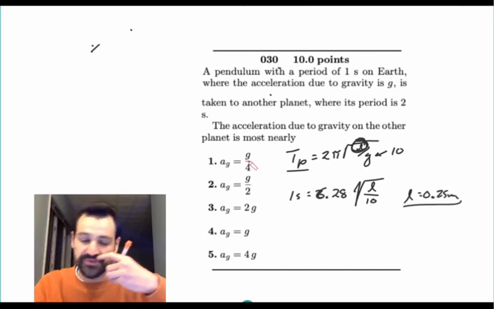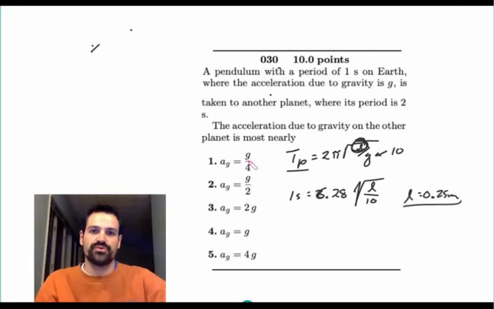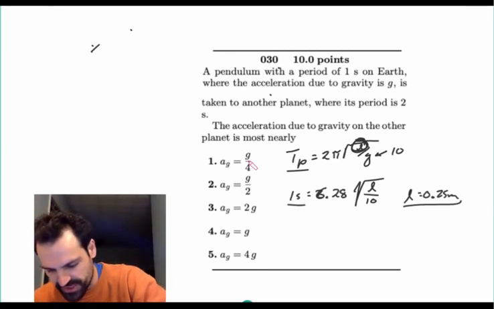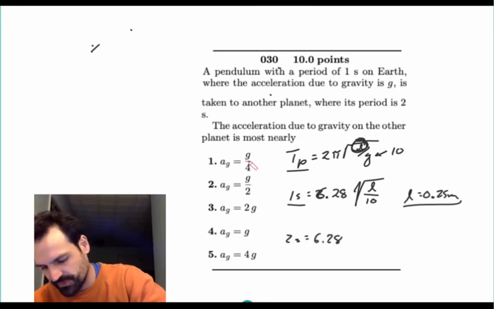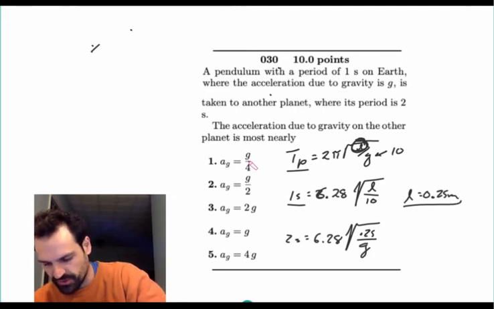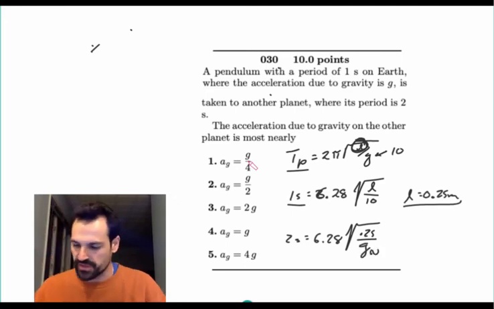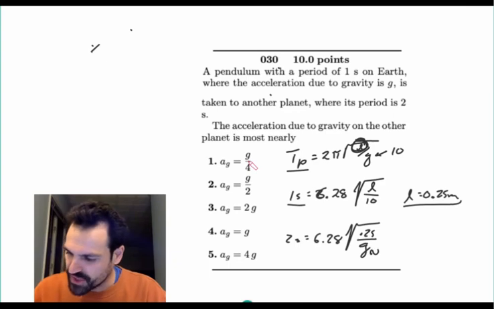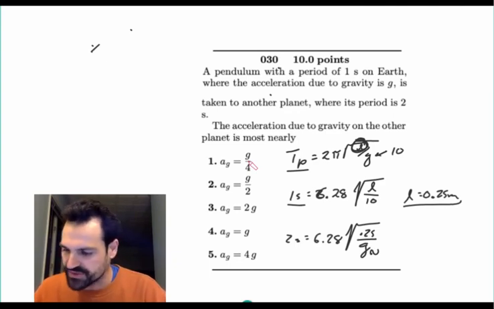So we're going to take that 0.25 meter string to the other planet. And now we know the period is 2 seconds. So 2 seconds equals 6.28 times the square root of 0.25 over new gravity, which I'm going to call Gn for new gravity, and solve for new gravity. So 2 divided by 6.28, square both sides, and then 0.25 divided by that answer.